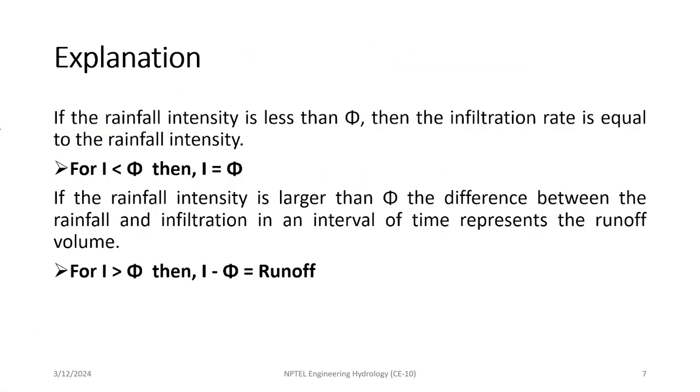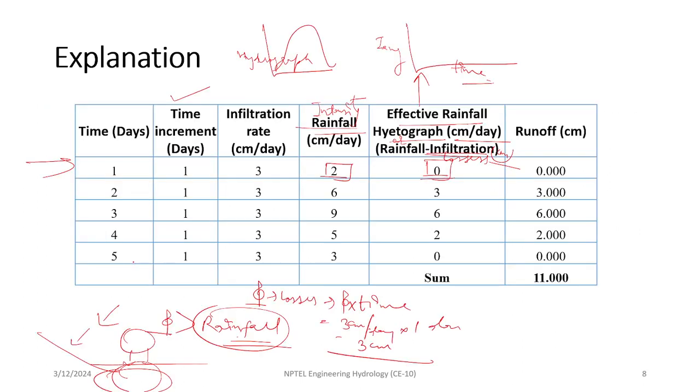This explanation was mentioned for your information: if the rainfall intensity is less than phi, then the infiltration rate is equivalent to the rainfall intensity. In the next case, if the rainfall intensity is larger than phi, then the difference between the rainfall and infiltration in an interval of time represents the runoff volume.